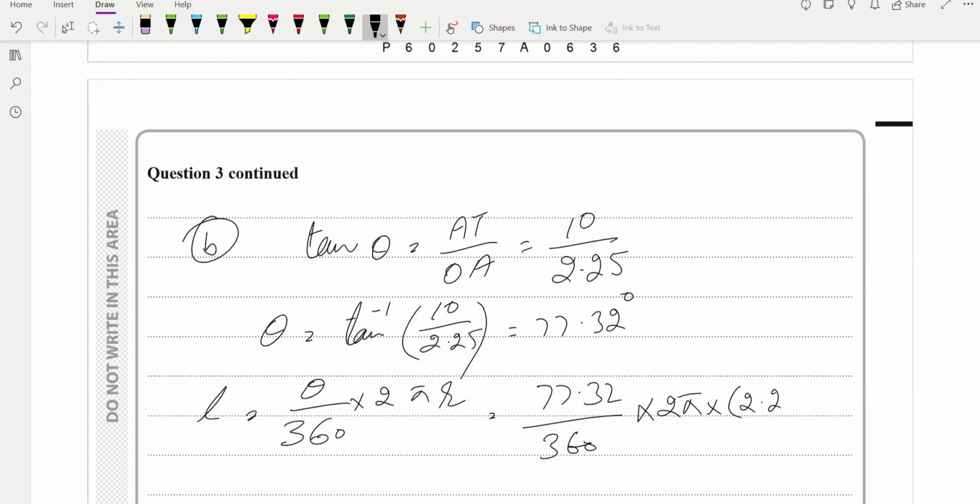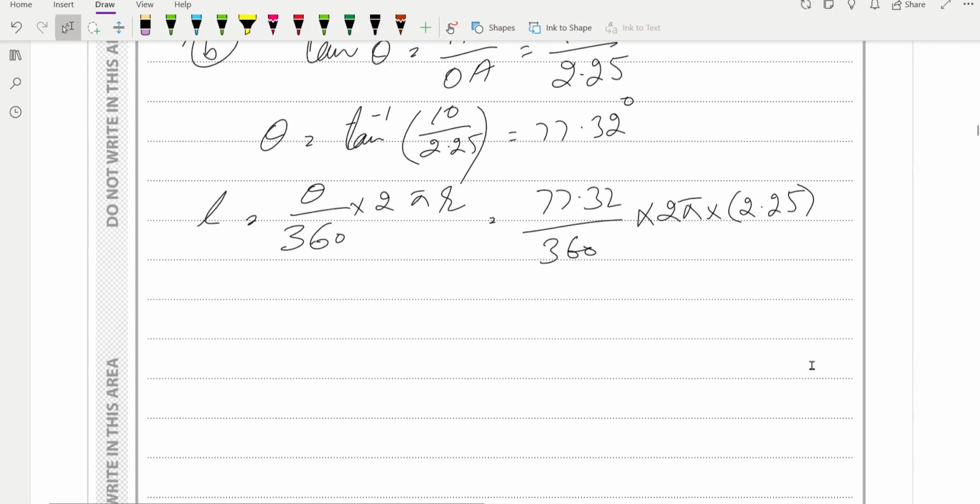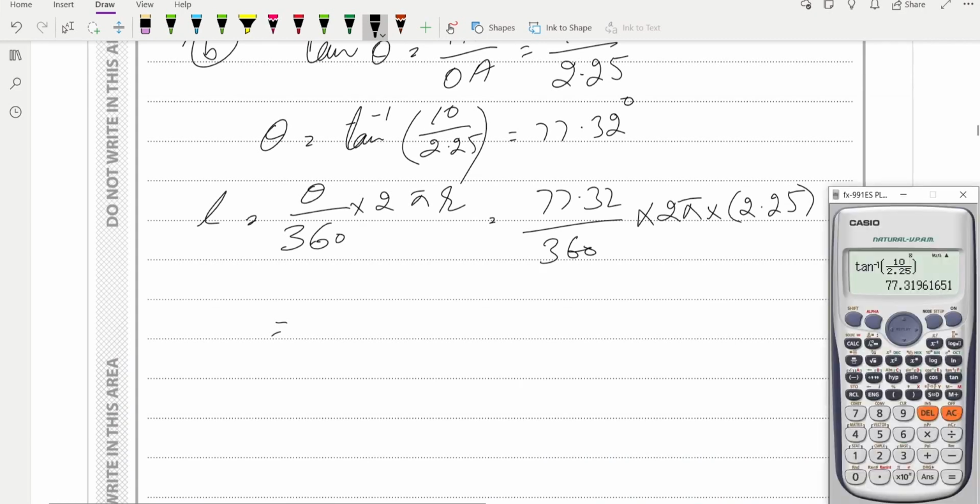This one we can calculate with the help of a calculator. So we can write 77.32 divided by 360, and this will be multiplied by 2 pi, and this is pi. Where is pi?